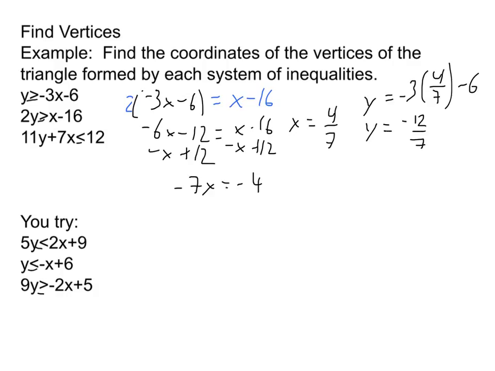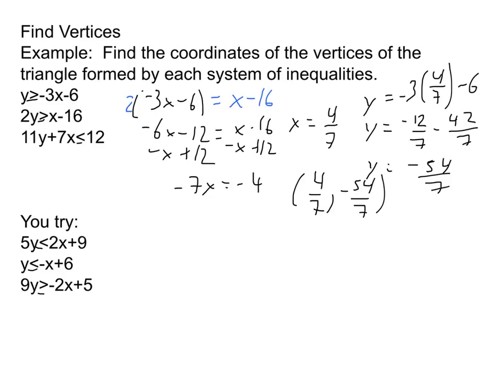I'm going to change 6 to have a denominator of 7. 6 times 7 is 42 over 7. So y equals negative 54 over 7. So that first vertex where those first two lines meet is at 4 over 7 comma negative 54 over 7. Okay, sorry for the ugly numbers again there.